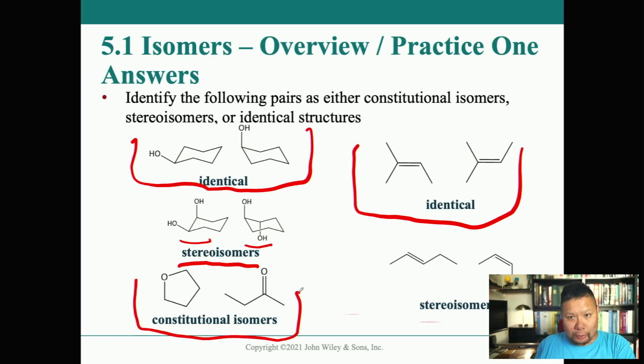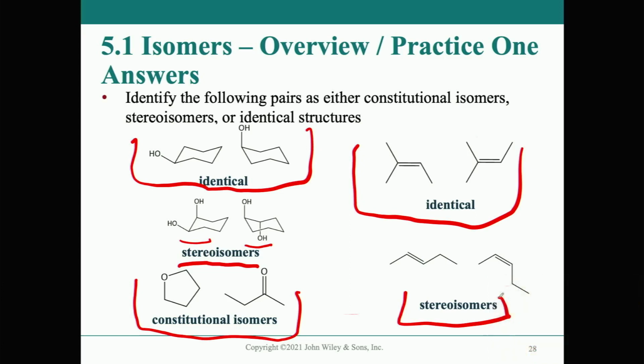These are constitutional isomers, because they are the same formula, but not connected the same way. And then these two over here are stereoisomers. My head is blocking it. Let me change that so you can see. There it goes.